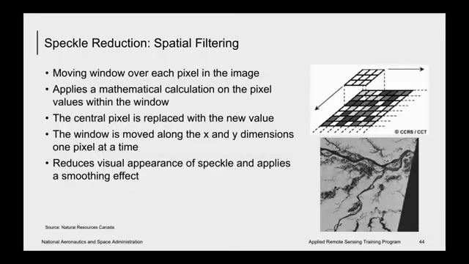There are a number of different filters that are part of the software or embedded into different softwares that are available out there, and you can try how well they work.